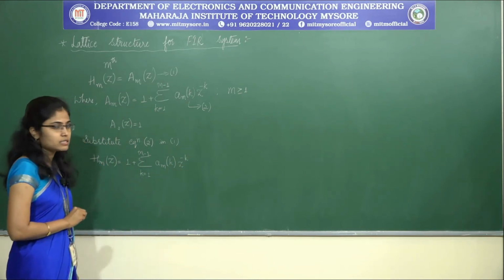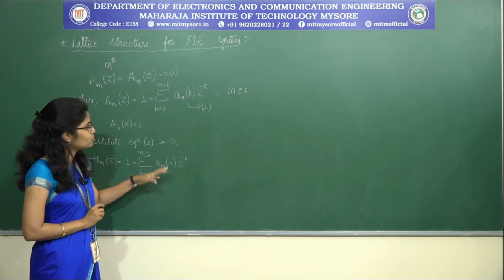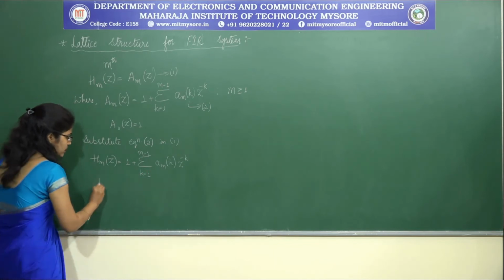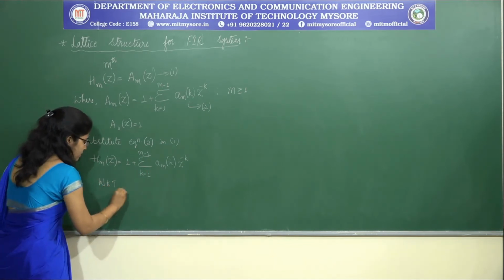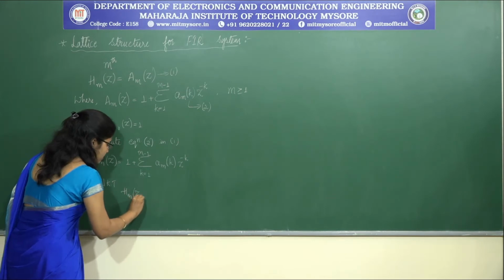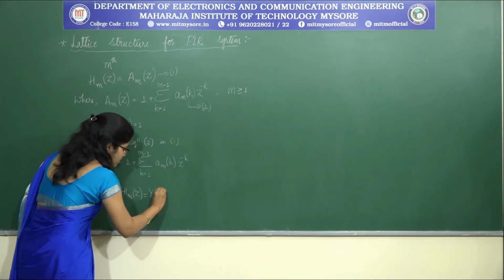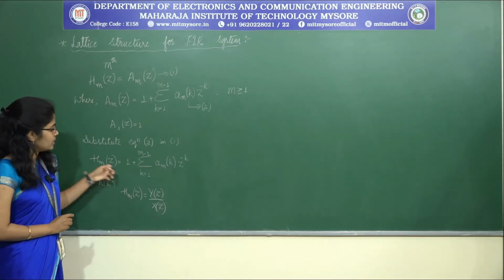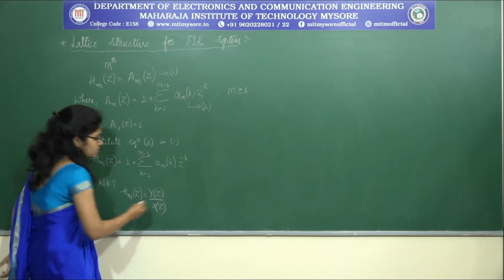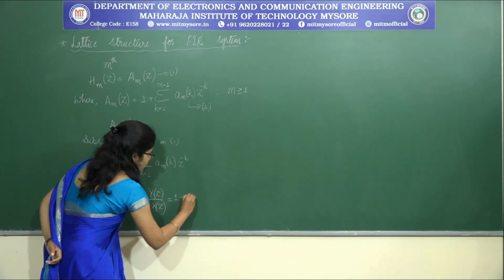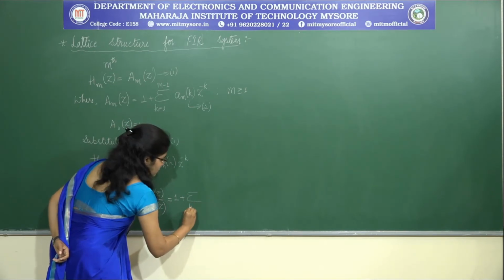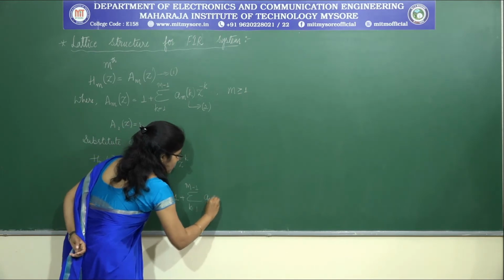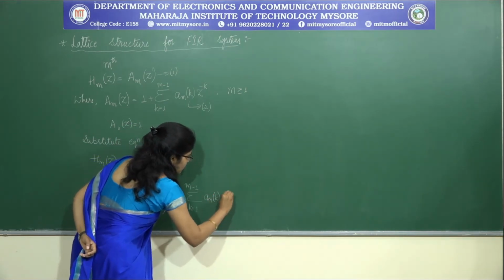In few textbooks they have termed it as a, in few they have termed it as alpha. So it is one and the same. And we all know that Hm of z is nothing but equal to Y of z by X of z. Instead of Hm of z, I can substitute this, which is nothing but equal to 1 plus summation k ranges from 1 to m minus 1 Am of k into z power minus k.